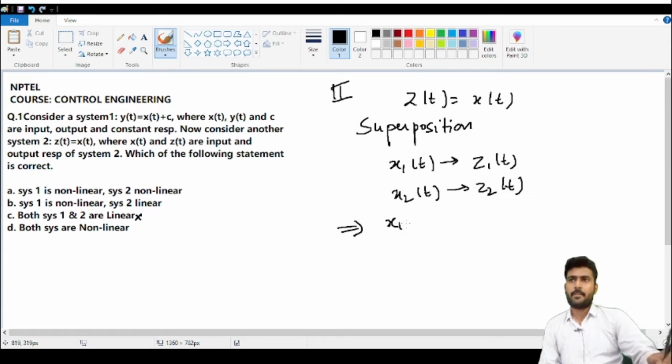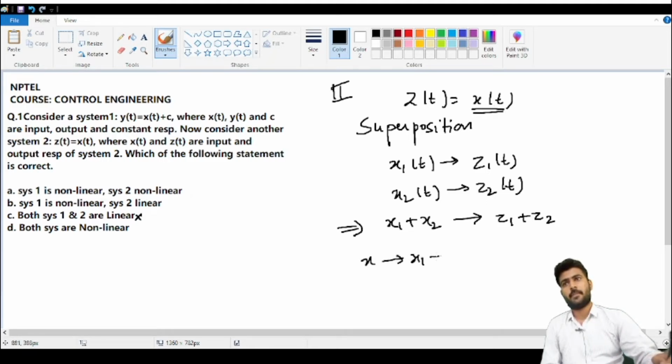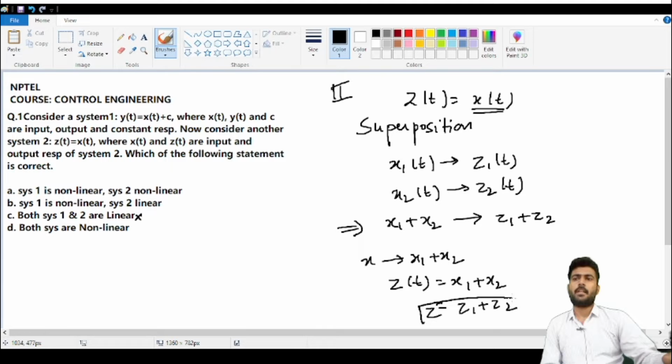This implies that for input x1 + x2, the output should be z1 + z2. If we apply the input x1 + x2, then instead of x(t), x is replaced by x1 + x2, so z(t) will be x1 + x2, which is clearly equal to z1 + z2. So this system satisfies superposition.